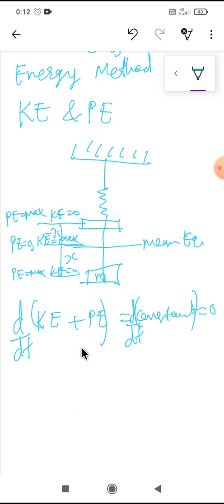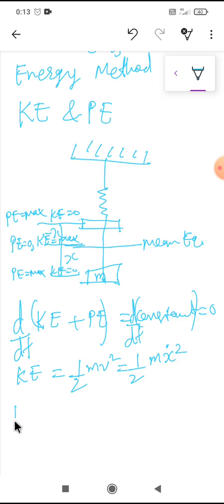We will solve this equation. First, what is the kinetic energy? Kinetic energy, as we know, is 1 half mv square. V is velocity, and we will write velocity with the notation I mentioned before, x dot. So that is 1 half m x dot square.